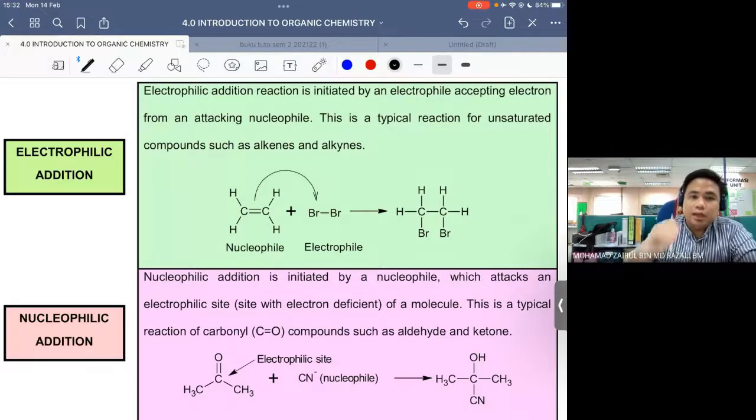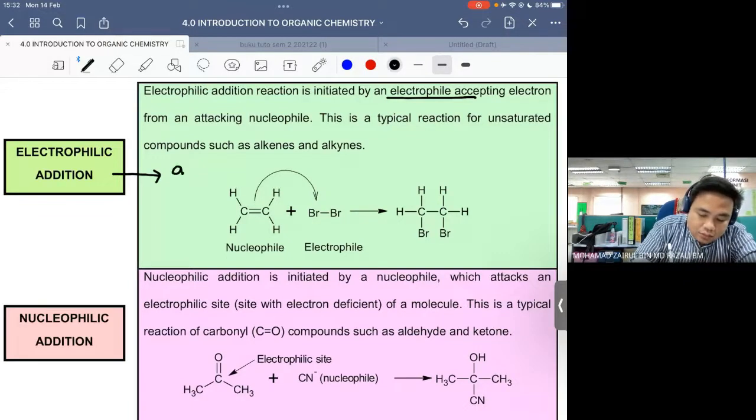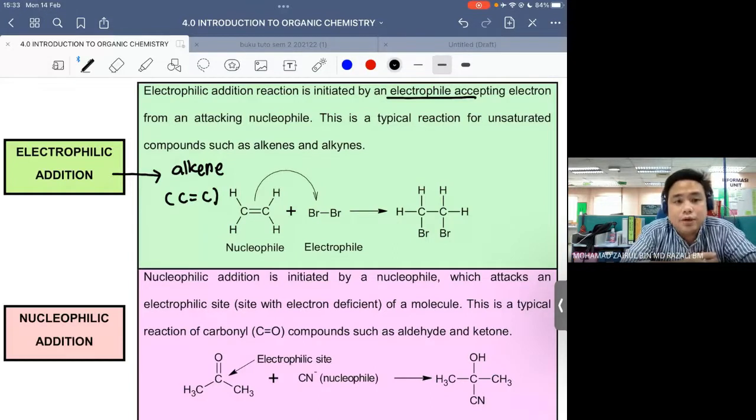Normally, electrophilic addition happens when the addition reaction is initiated by the electrophile accepting electron from the nucleophile. Dan electrophilic addition ni adalah karakteristik reaction untuk alkene, untuk yang ada C double bond C.